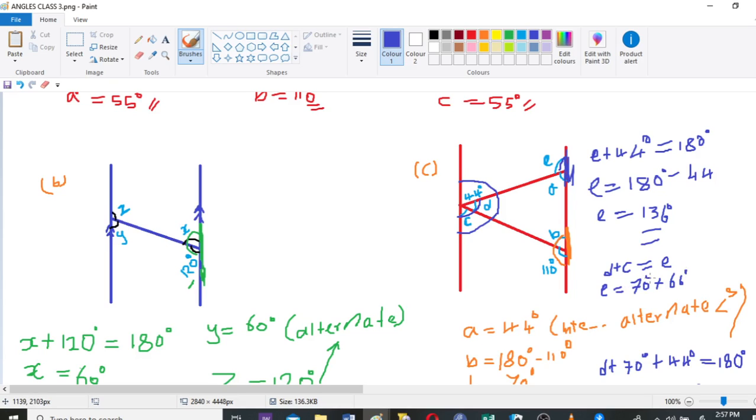I guess we are, because 70 plus 66 gives you 136, right?